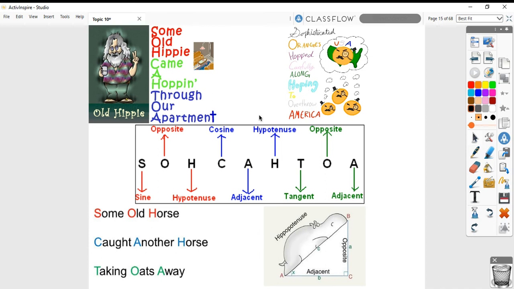The one I learned in high school was: some old hippie caught another hippie tripping on acid. All that means is that sine goes with opposite and hypotenuse, cosine, caught another hippie, adjacent hypotenuse, tripping on acid, tangent, opposite, adjacent. All right, so there you go.